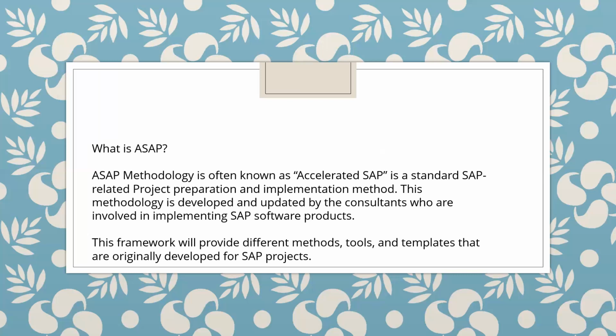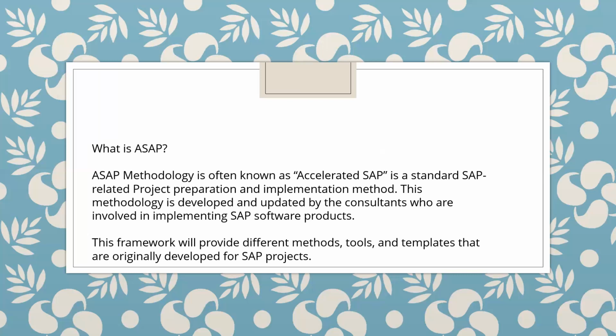Basically, what I mean to say is that ASAP is a methodology to run a project successfully at different levels. Many people think that when you are practicing on a standard SAP system, it will be like this. Of course, at the ground level, your work will be like this.